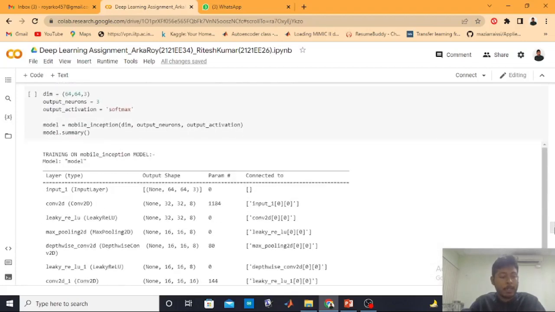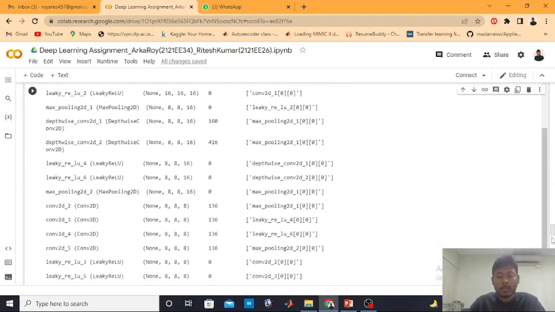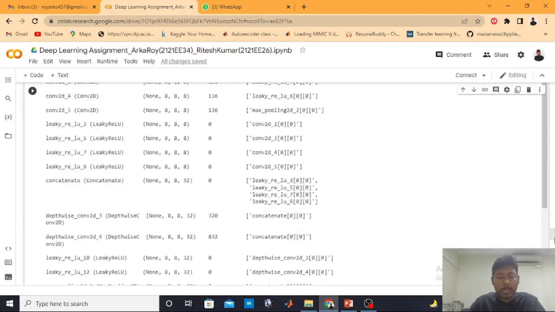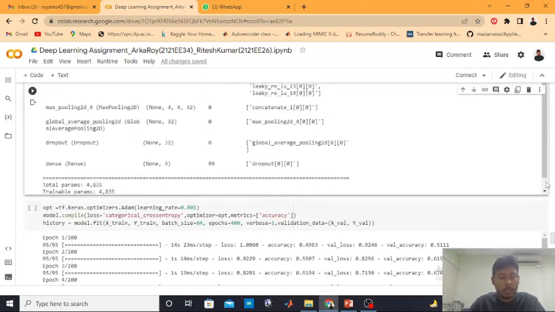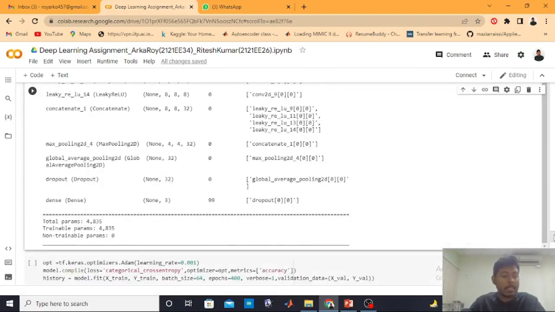And this is the number of parameters. It shows how many parameters are in our CNN model. We can see that it is only 4835 parameters.